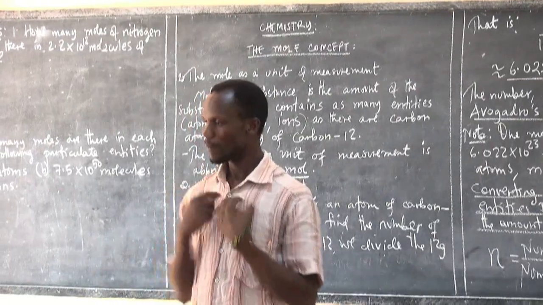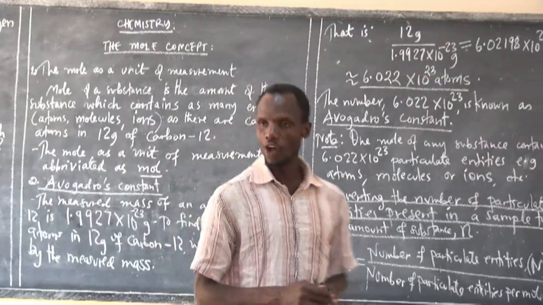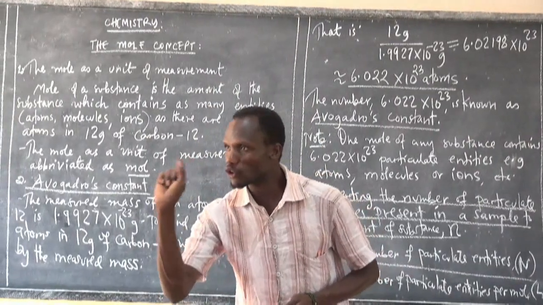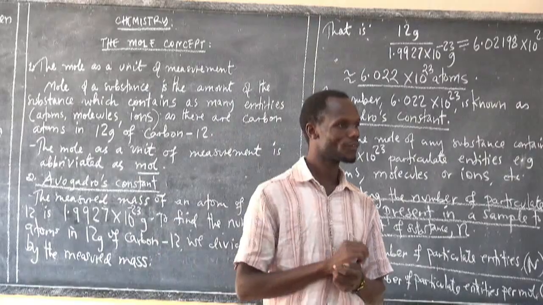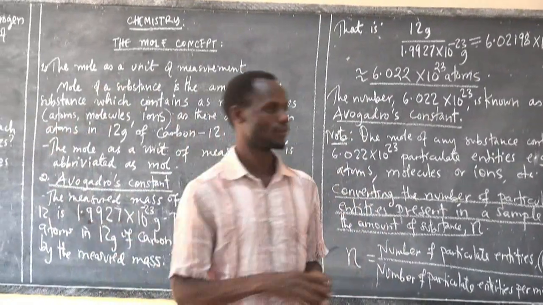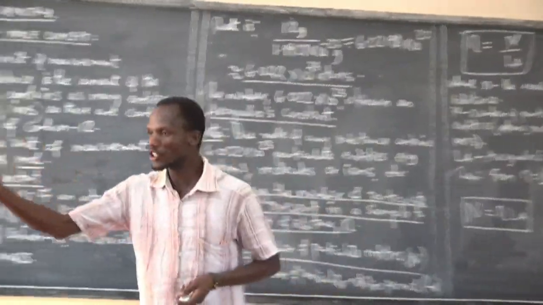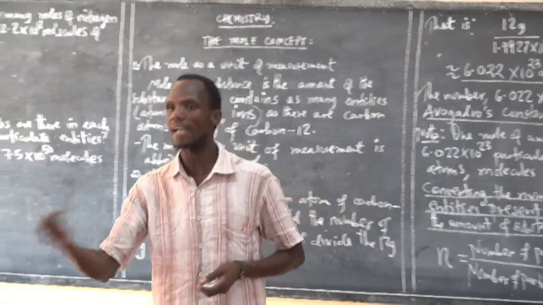Some of us have been to the shop to buy something. You cannot buy a single sugar, but we buy sugar in terms of kilograms. We always go to the shop to buy shoes, not a single shoe.